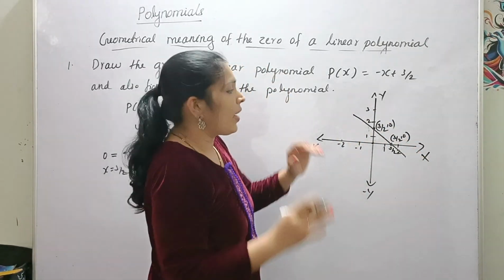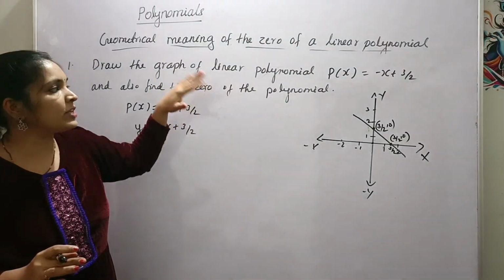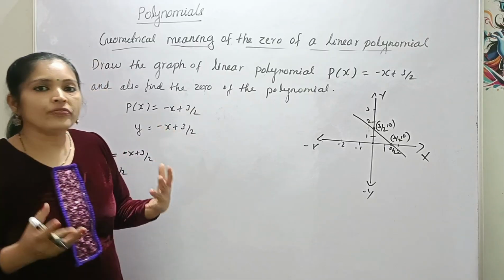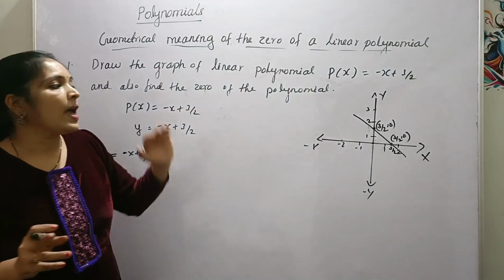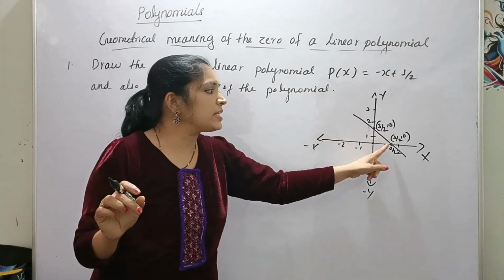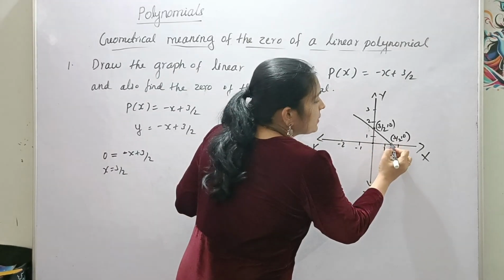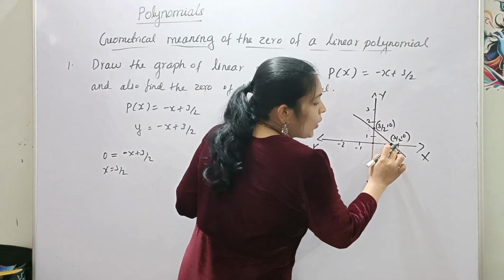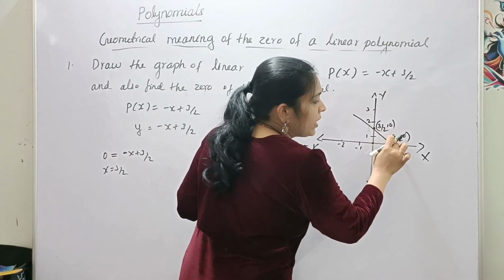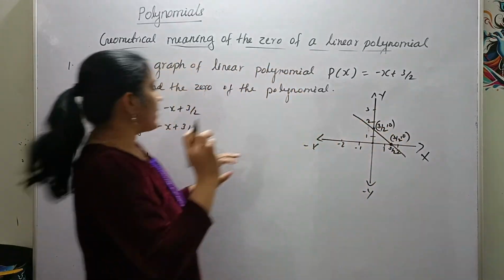And here we know that we have to find the zero of this polynomial, the zero of this linear polynomial. So how to find it? See here, the zero of the linear polynomial is the x coordinate of the point where the graph intersects the x-axis. Here the graph intersects the x-axis at the point 3 by 2, 0, and here the x coordinate is 3 by 2.